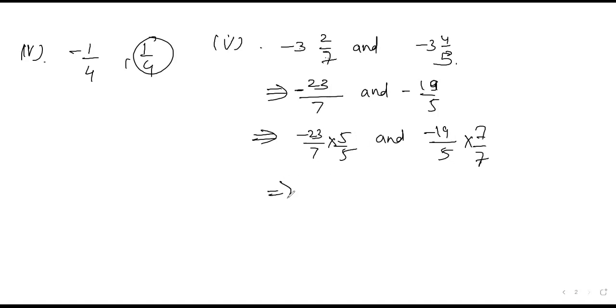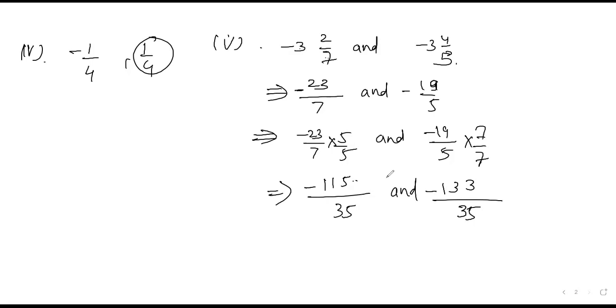Okay, so this gives you 5 threes are 15, 1 carry, 5 twos are 10, 11, so 115 upon 35 with minus sign. And this one, 7 nines are 63, 3 will be there, 6 carry, and 7 ones are 7 and 6 is 13, so minus 133 upon 7 fives are 35.